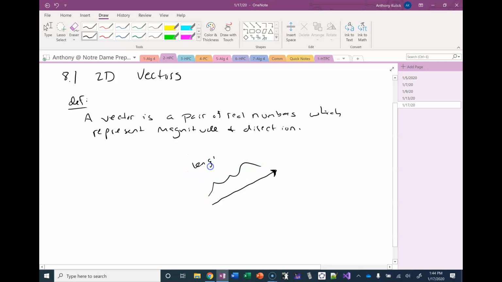The length of this arrow is the magnitude, and the direction which it points is the direction. So the direction is just wherever it's pointing.